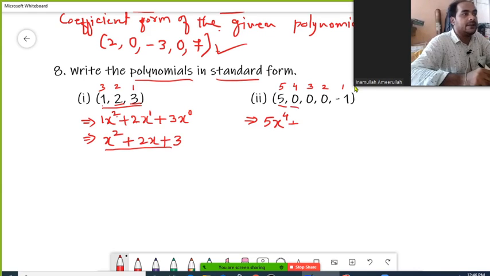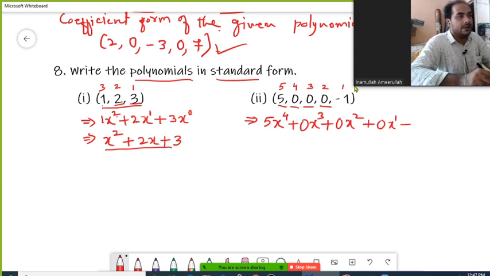So here I will take plus 0 x raised to 3 plus 0 x square plus 0 x raised to 1 plus minus, here we have minus 1 x raised to 0. Look at this, x4, x3, x2, x1, x0. It is in proper descending order of their power.